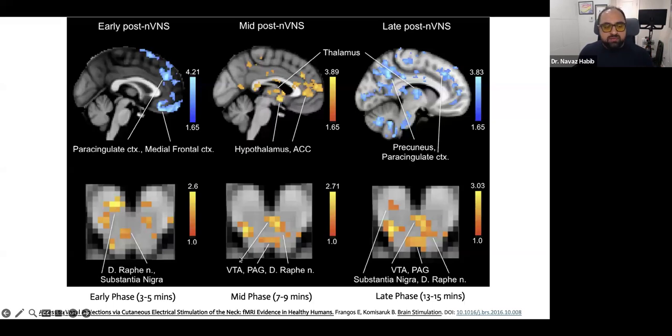We've got a lot of the ventral tegmental area, the periaqueductal gray, and the dorsal raphe nuclei also getting activated. And that continues on late into this third phase, or into the biphasic response, where we get this inhibition and calming in the thalamus, as well as activation again in the brainstem. So really important to note how it functions.